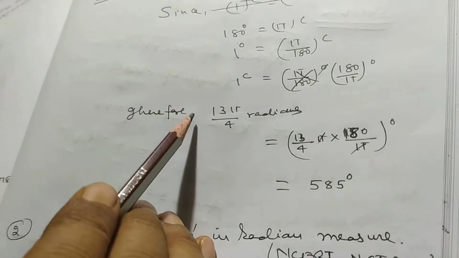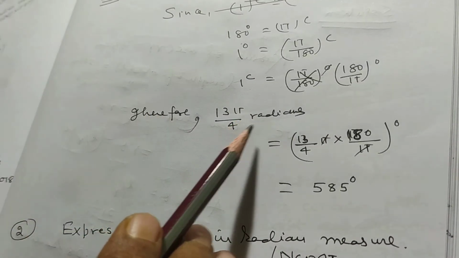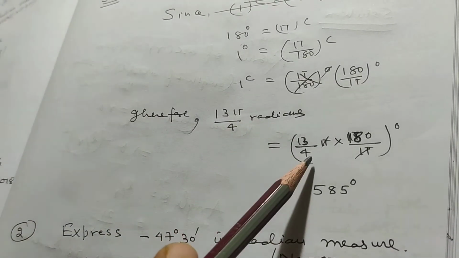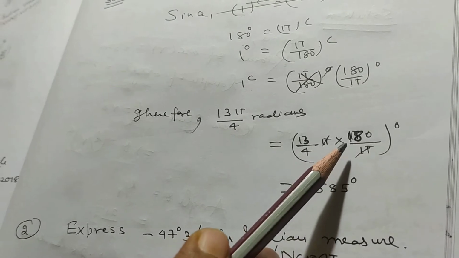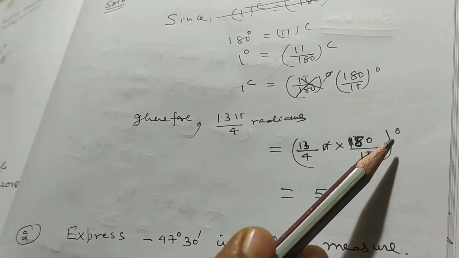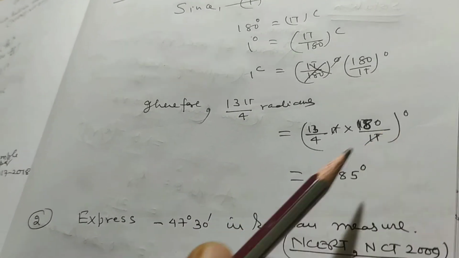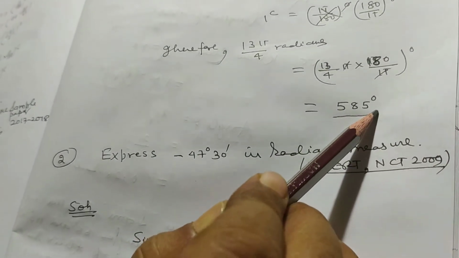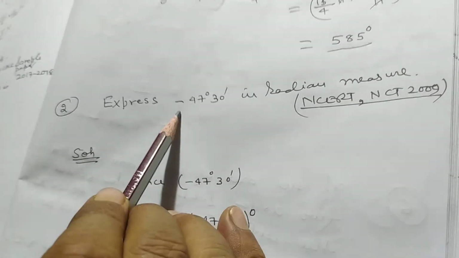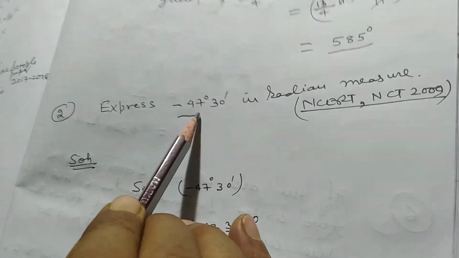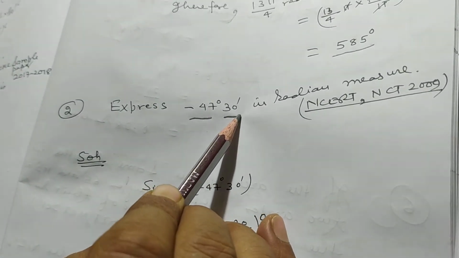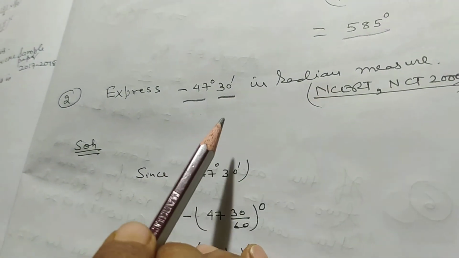Therefore 13 pi by 4 radian is equal to 13 pi by 4 into 180 by pi degree. So 585 degree.